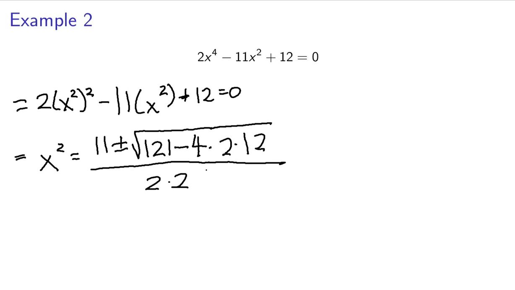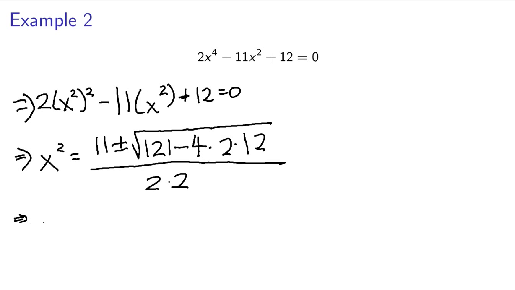Now, 4 times 2 is going to be 8. 8 times 12 is going to be 96. And 121 minus 96 is going to be 25. So this, oh wait, this is not good. This should be implies, not equals.